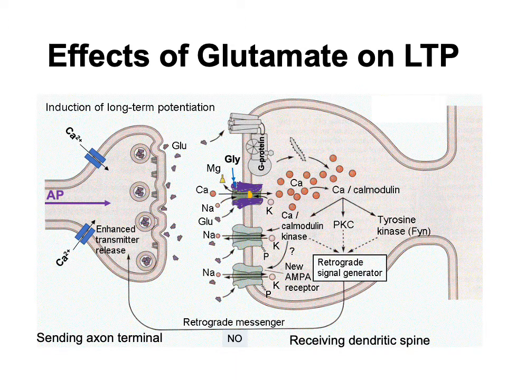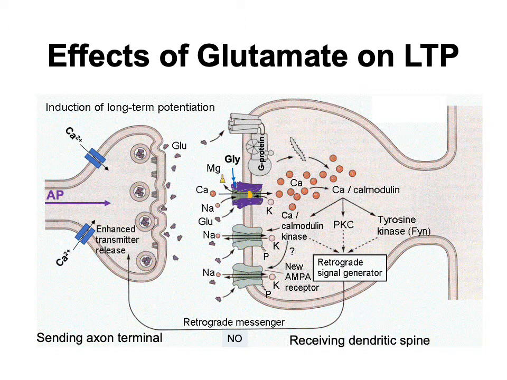When calcium floods into the dendritic spine, it will bind with calmodulin, and that complex will activate protein kinases. The protein kinases will stimulate protein synthesis to make more AMPA receptors. So it'll make more of those and put them in the membrane.